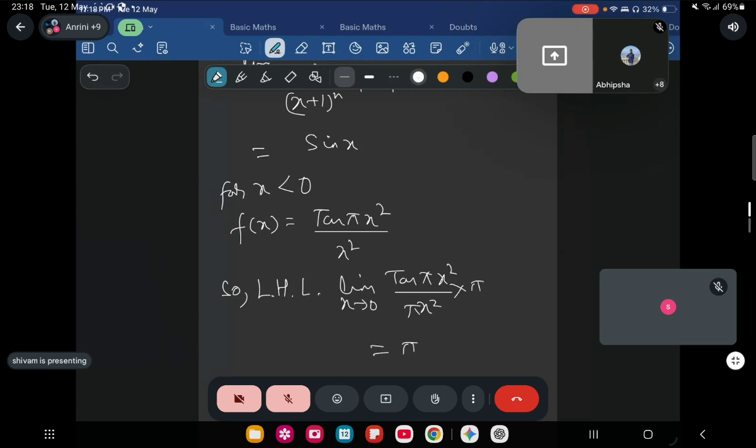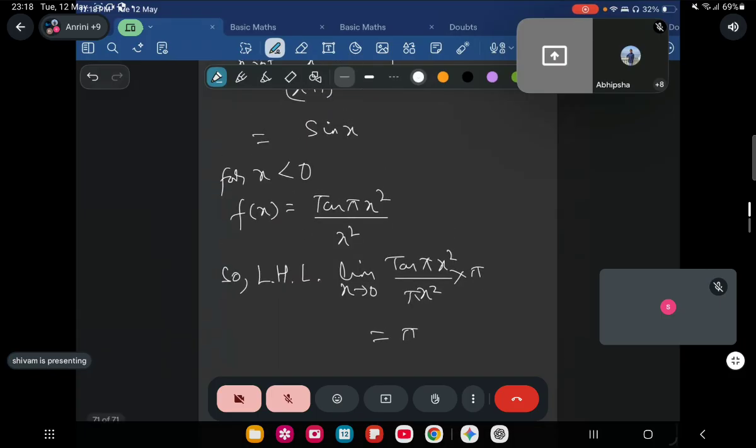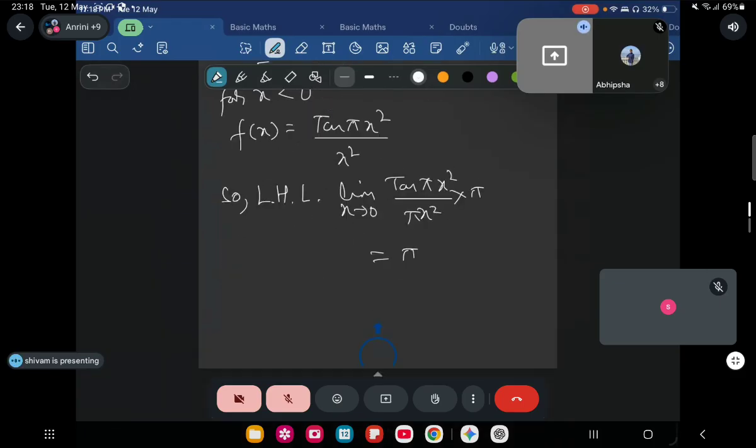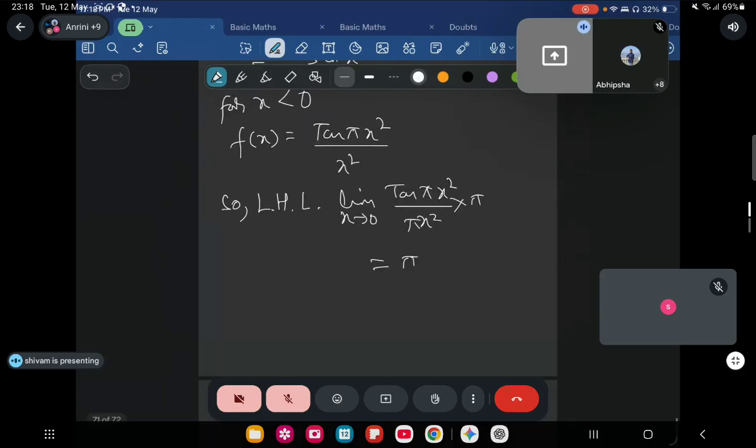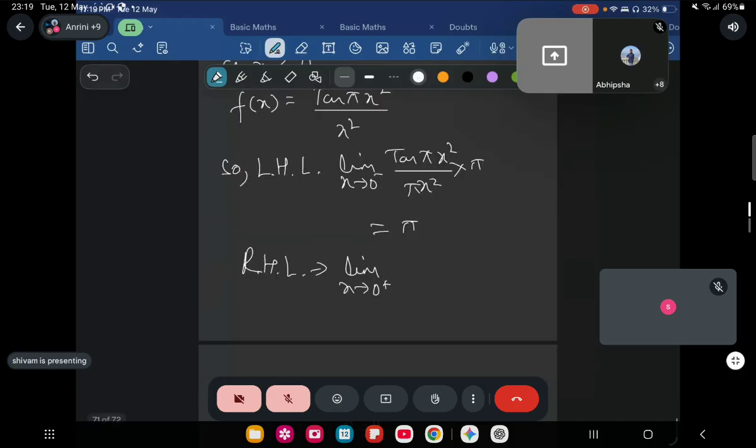Tell me, are people getting? Anyone having any doubt, you can ask me. x tends to 0 minus, sorry, this is 0 minus only. So RHL will be limit x tends to 0 plus of sin x, which will become sin 0, which will be equal to 0.